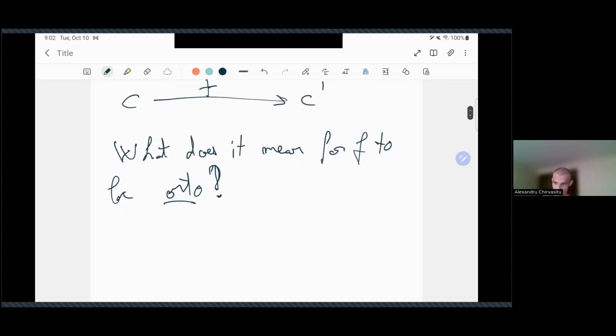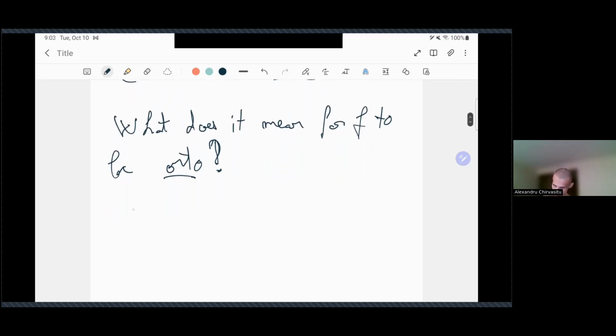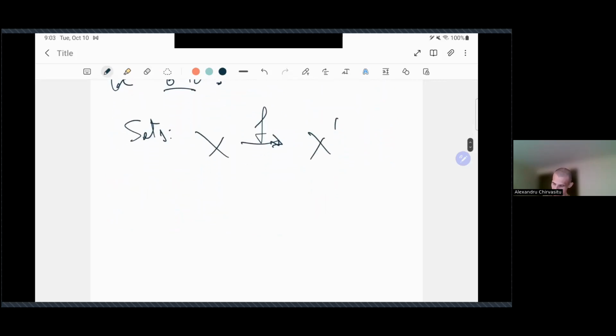Now, of course, surjectivity doesn't make sense as such, because the way you write surjectivity for sets, maybe X and X prime are sets and f is a function of sets, you say f is onto if for every x prime in X prime, there is an x in X such that f of x is x prime.